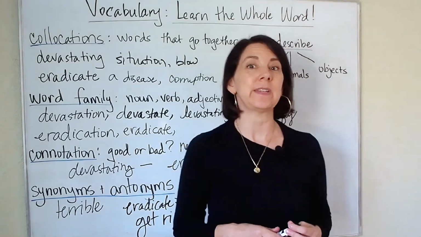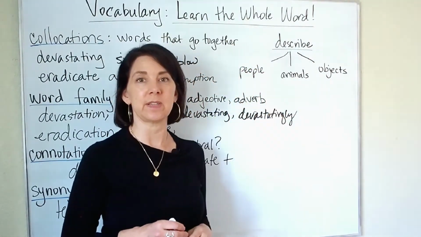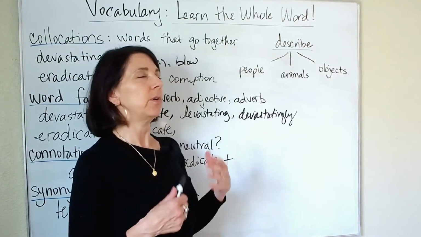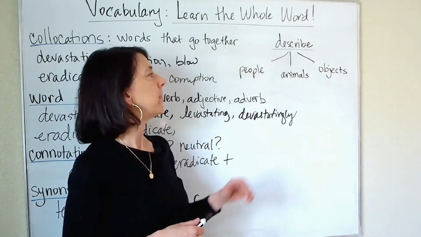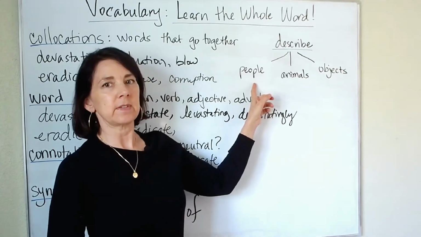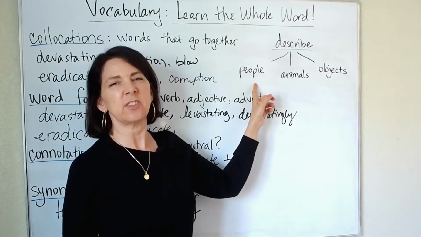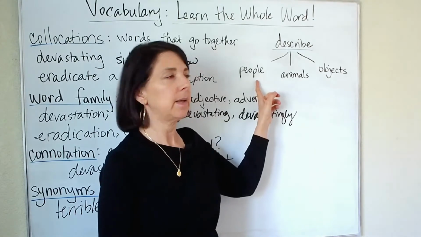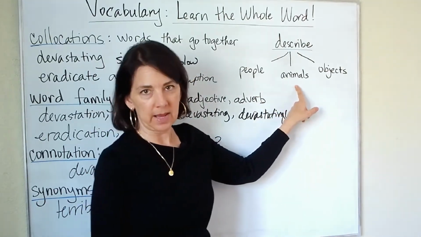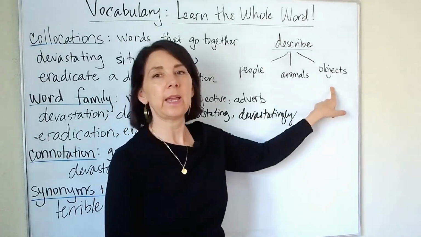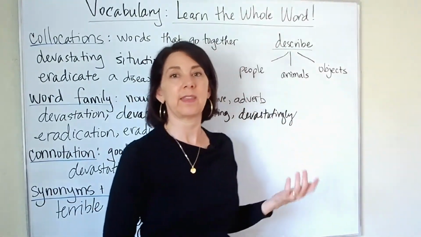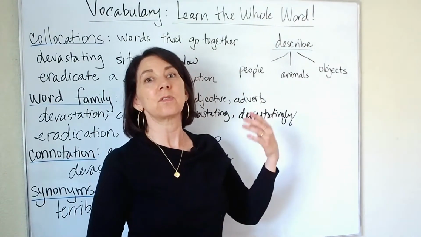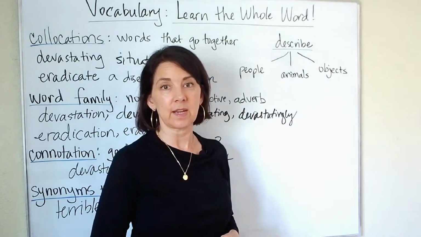Okay, let's go to the next part about who do we use this to describe, or who can we use these words with. So the first one is devastating. We cannot say she is devastating or he is devastating. We don't use it for animals either, but we can use it for objects or things, like the storm was devastating.